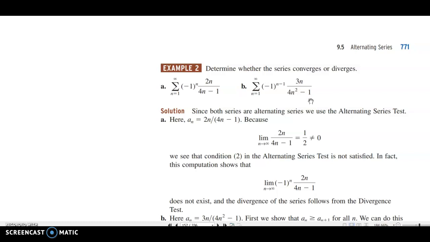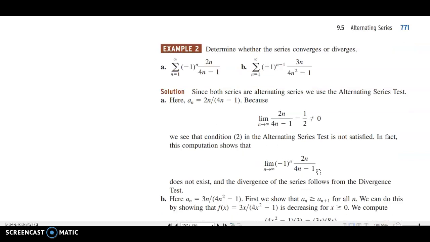Since both series are alternating series, we use the alternating series test. a_n equals 2n divided by 4n minus 1. The limit as n tends to infinity of 2n divided by 4n minus 1, taking n outside, is 1 by 2, which is not equal to 0. So the alternating series test is not satisfied.